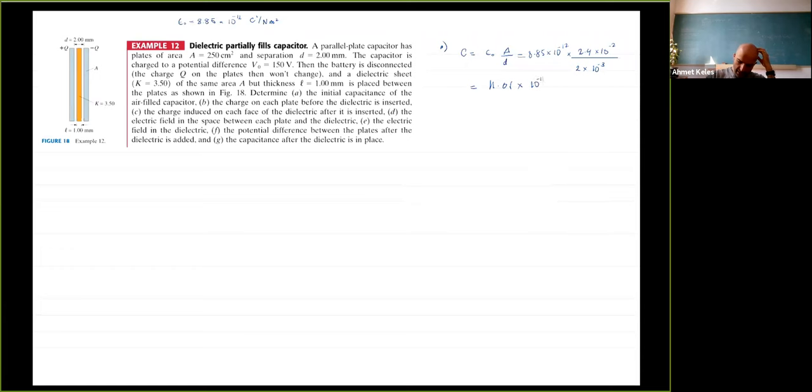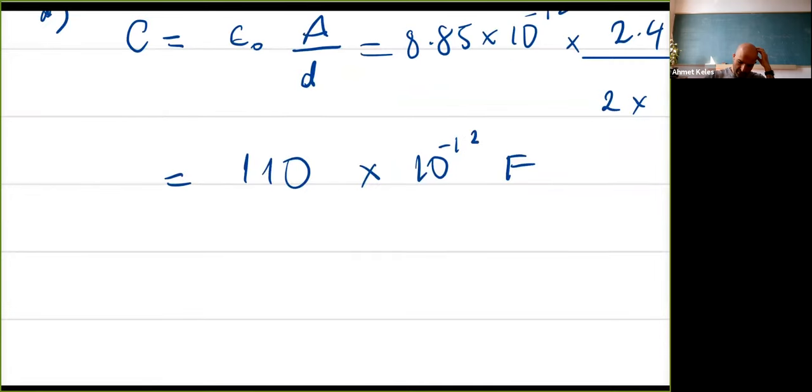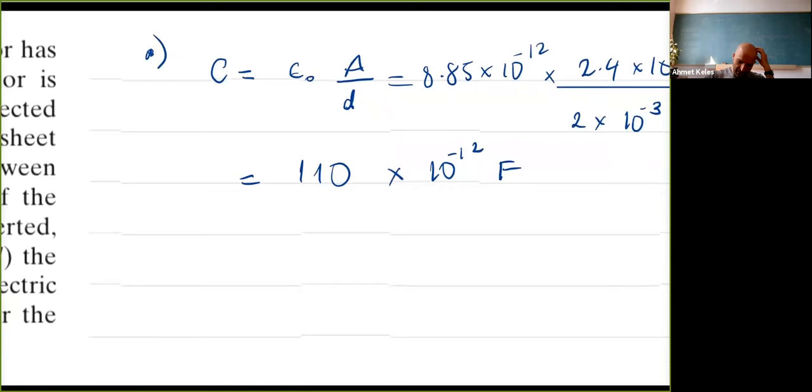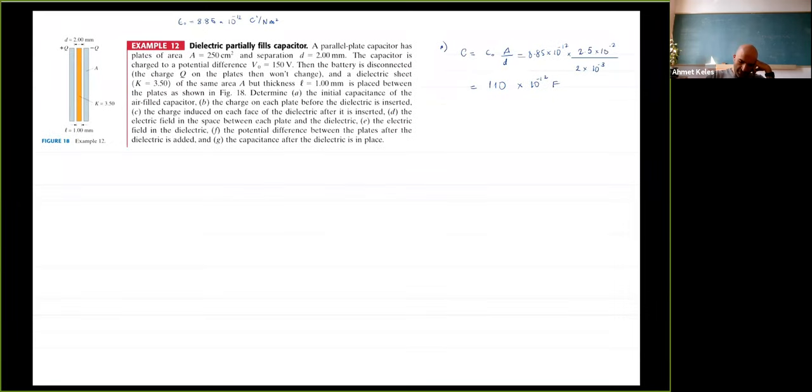So this is in farads. Maybe I can write it as 110 times 10 to the minus 12, which is going to be picofarads. Something like that. And now B.